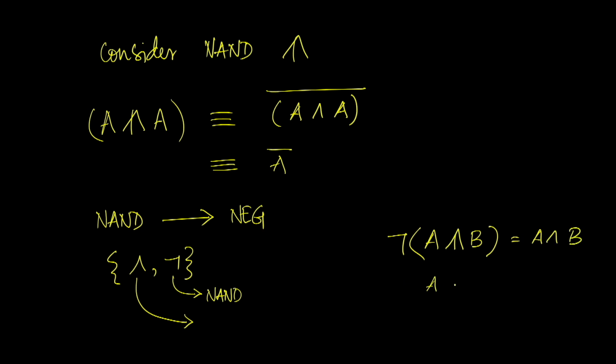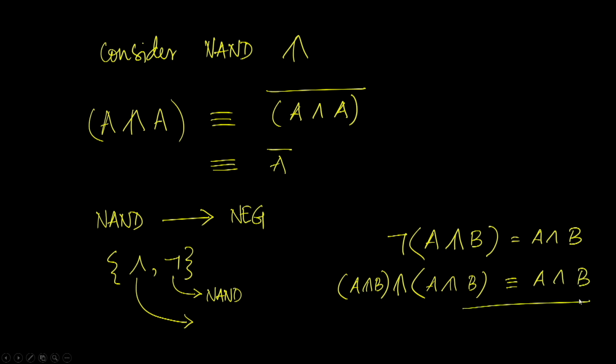This negation also can be synthesized using NAND. So if you take the NAND of A NAND B with itself, what we get is A and B.